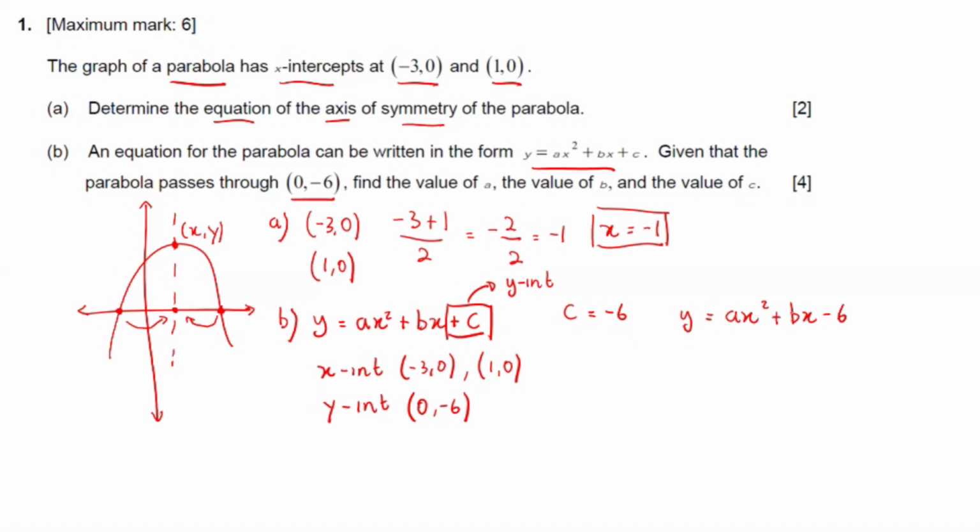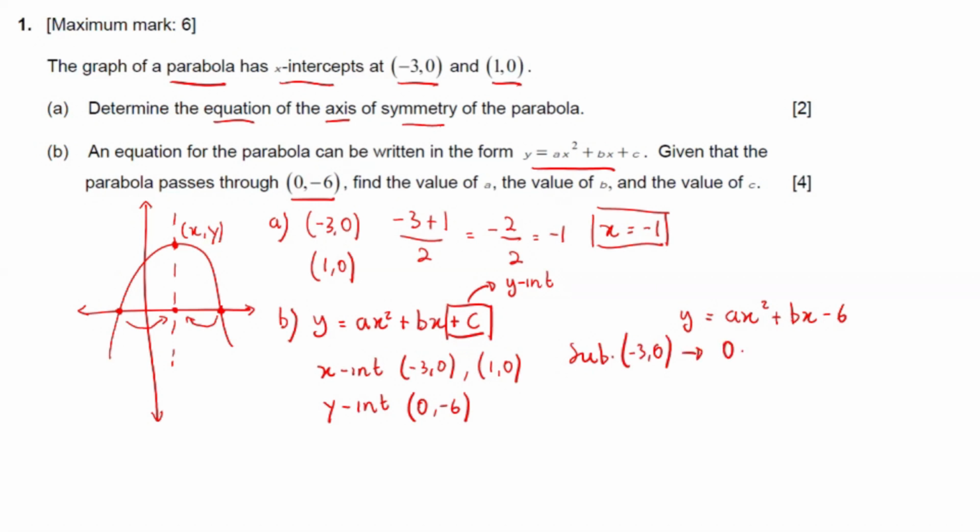Now, what should we do next? We can substitute the x-intercepts into the equation. First, let's substitute (-3, 0). What will this give us? It's going to be y equals 0, right?